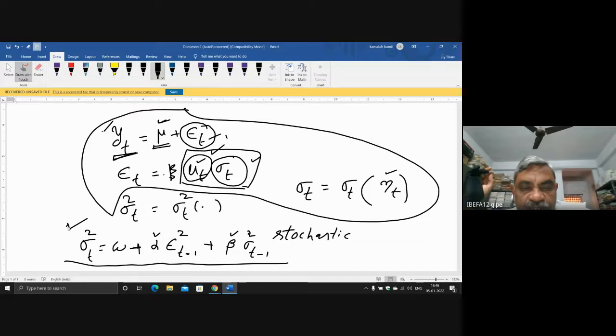So one measures its own level, the other measures the shocks. Therefore alpha and beta can be distinguished in this fashion. They have their own independent source of variation contributing to volatility.